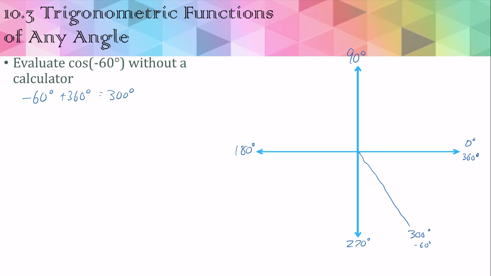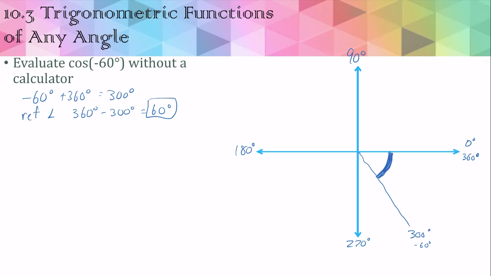The reference angle is here, between the angle's terminal side and the x-axis. So to find that reference angle, it would be 360 minus the 300, which is 60 degrees. So our reference angle is 60 degrees.